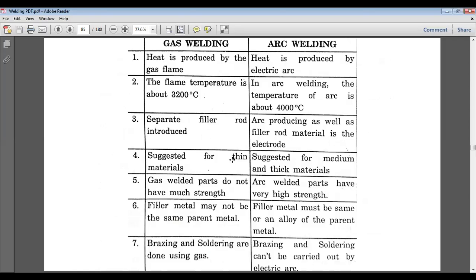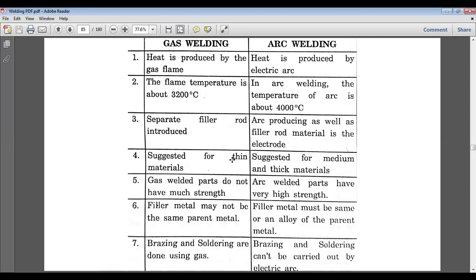So this is a comparison between gas welding and arc welding. Quick review: heat produced by gas, heat produced by arc, then temperature 3200 and 3200, and obviously arc welding has the benefit of creating high temperature. That's why arc welding is applied for almost all the metals, because the melting or fusing temperature is below 4000 degrees even for steels.